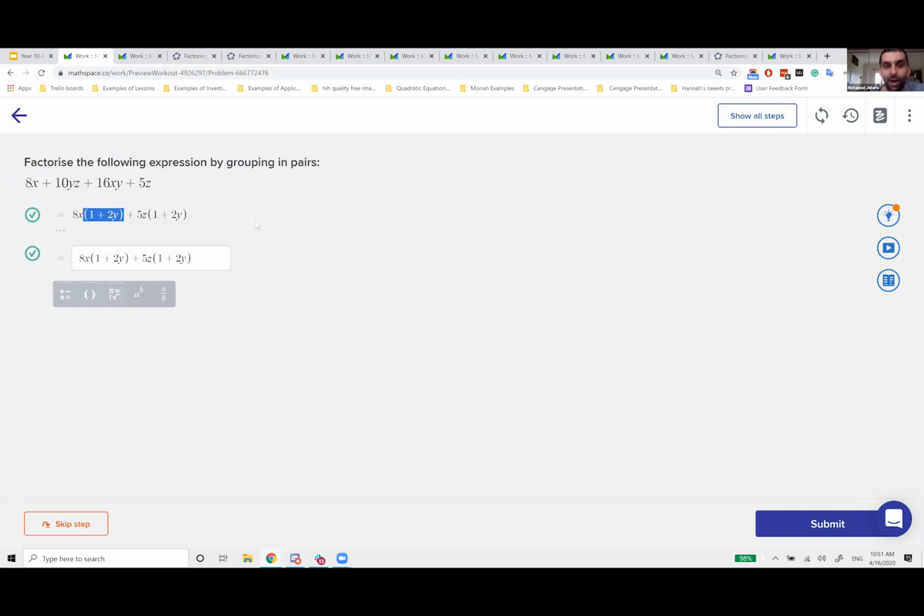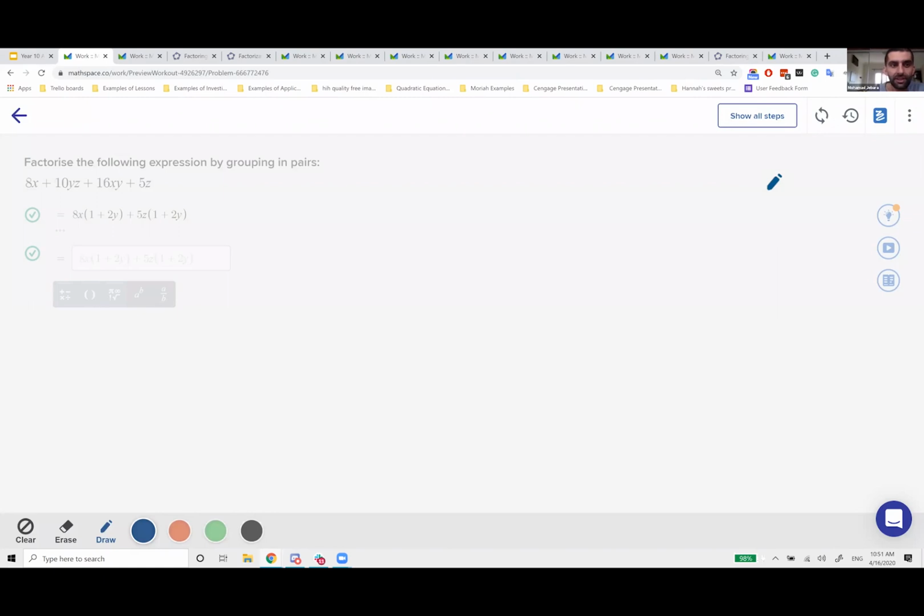If I was looking at 8x d plus 5z d, then that would be easy, right? To factorize that, I just pull the d out the front, and that leaves me with 8x plus 5z.